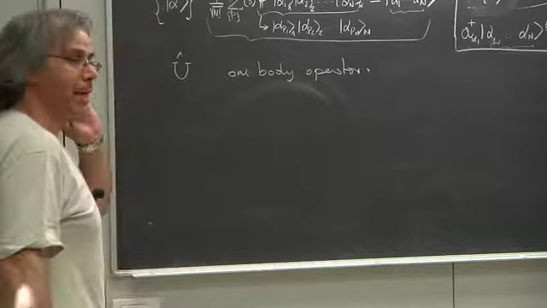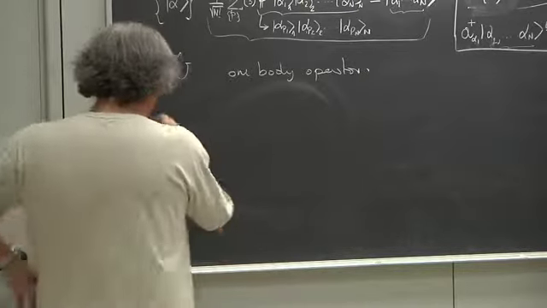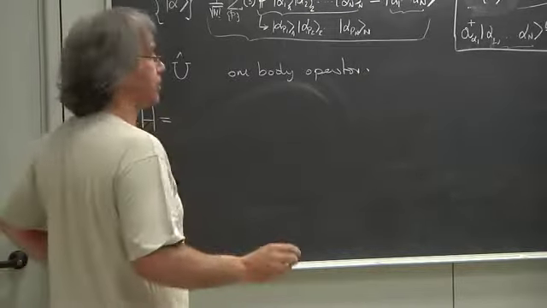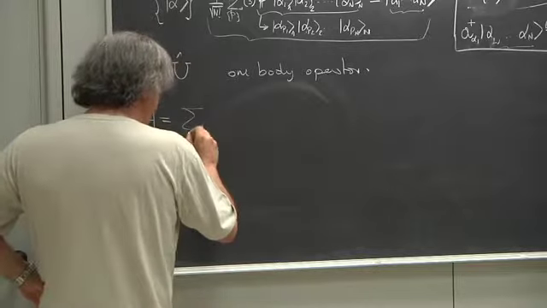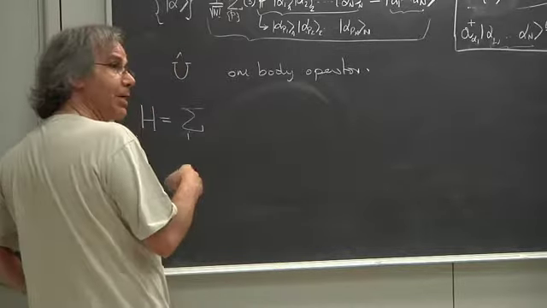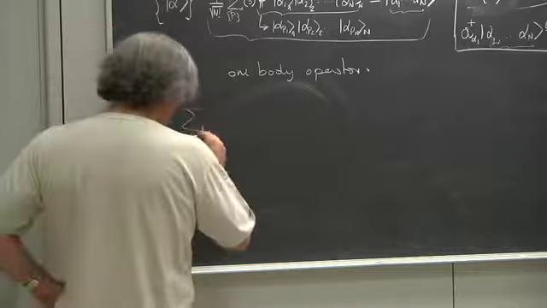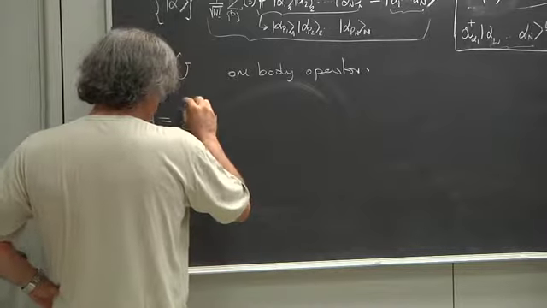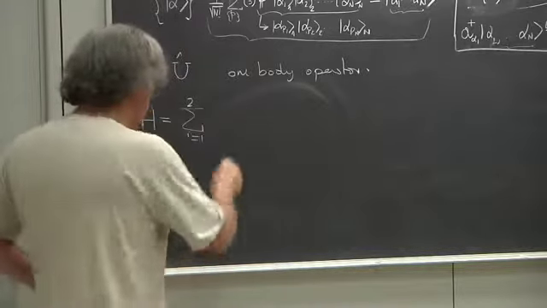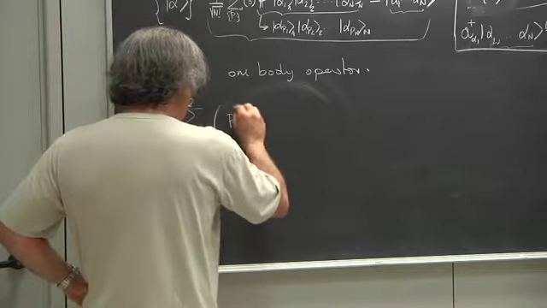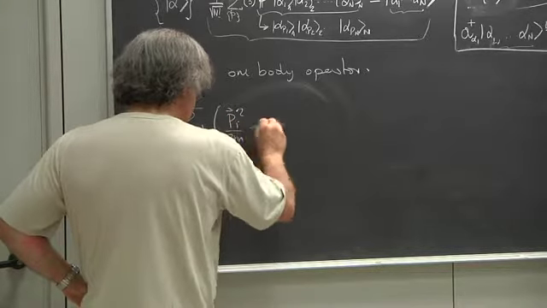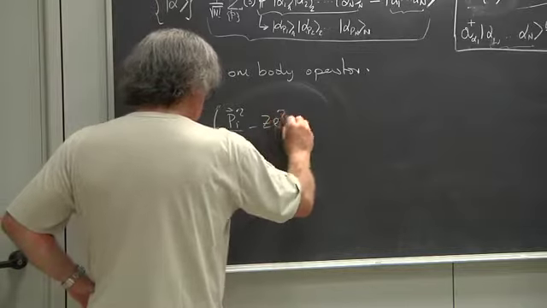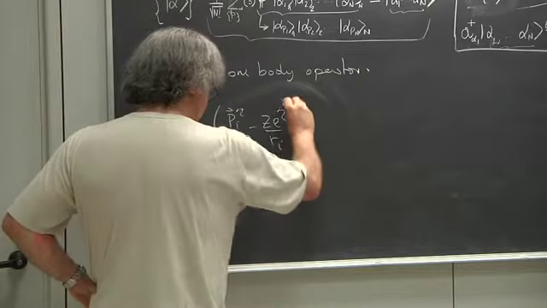You remember probably when we discussed helium, okay? We said the Hamiltonian of helium is the sum over i of the several electrons, in our case only 2 really, but in general you can think of having n electrons. Then there is p_i squared over twice the mass minus Z e squared over r_i, okay?